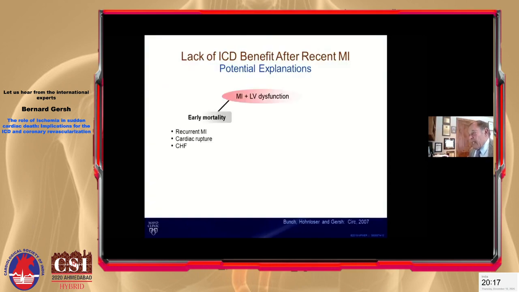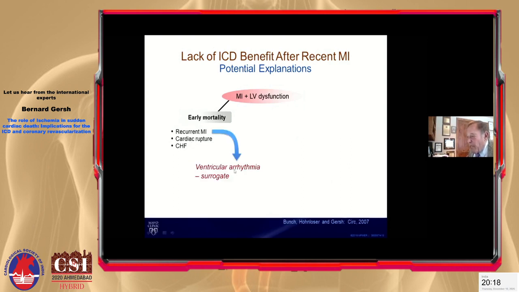Well, I think it's like this, or at least this is an explanation we put forward in a paper published years ago. In patients with MI and LV dysfunction, particularly if they've had a recent infarct, early mortality is due to recurrent MI, cardiac rupture, and heart failure.